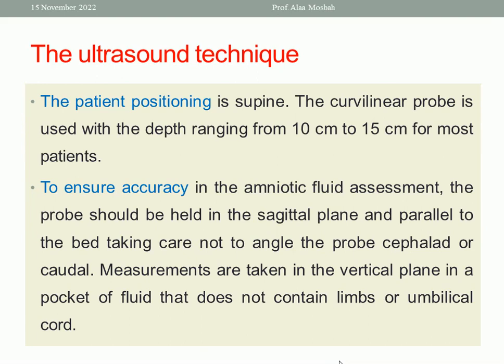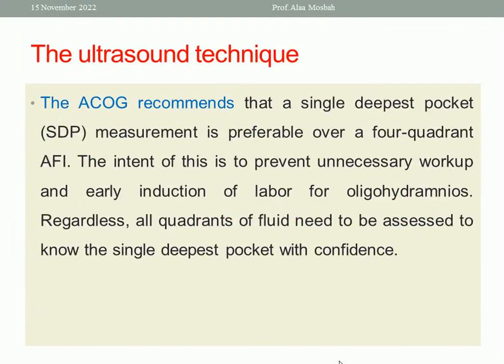Measurements are taken in the vertical plane in a pocket of fluid that doesn't contain limbs or umbilical cord. So the pocket you are going to measure shouldn't contain any limbs or umbilical cord, just the amniotic fluid.